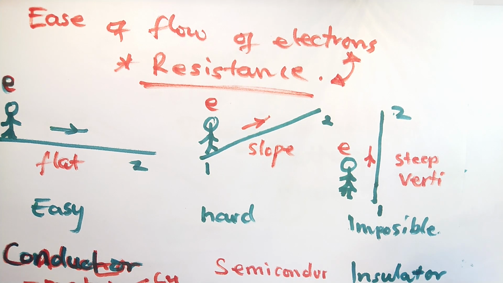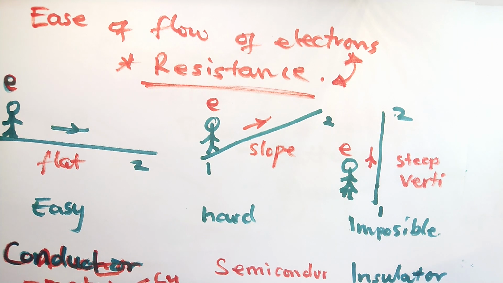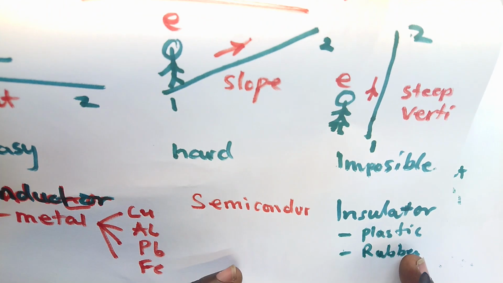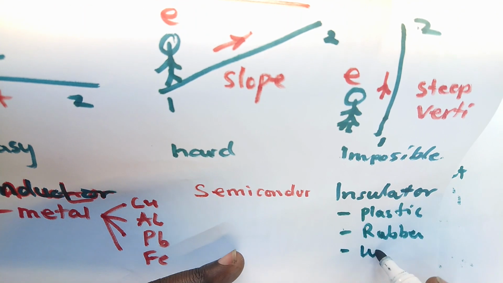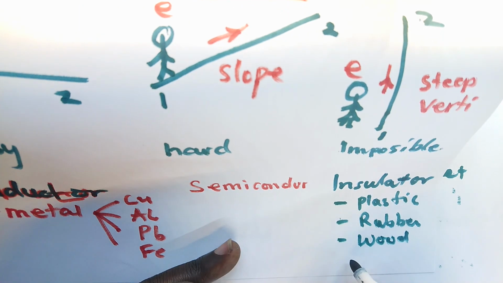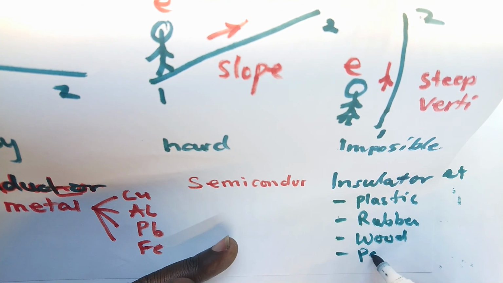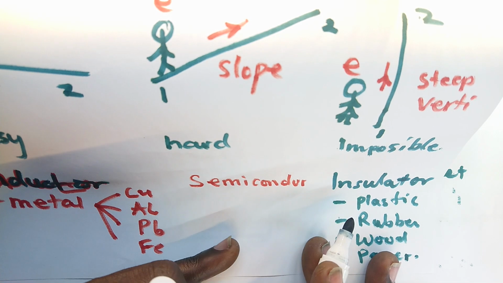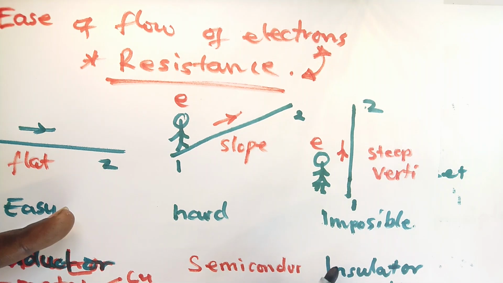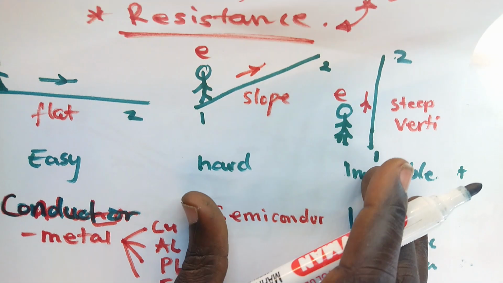Now this is the way you would see plastic, rubber, wood, paper, and so on and so forth. As long as it is not metal, electricity will have trouble flowing through it.